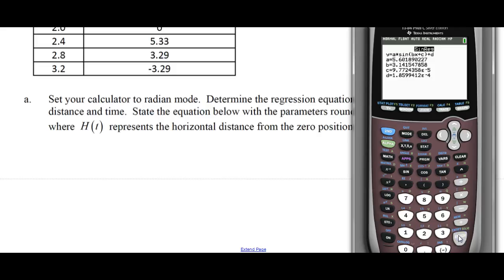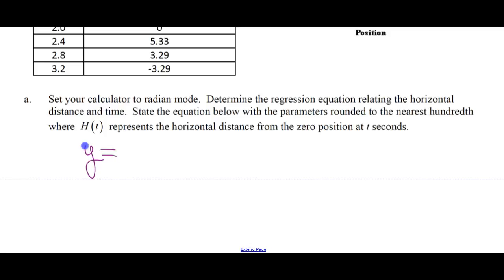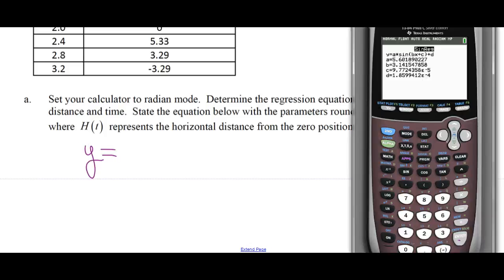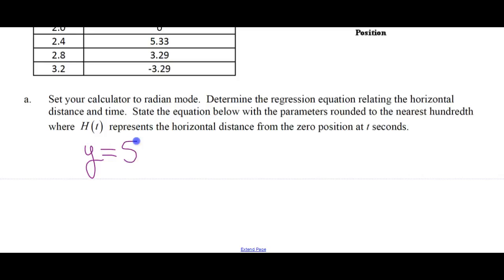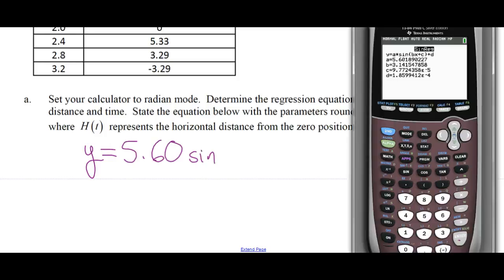Okay, so it said write your values to the 100th. So this is what you write. Y is equal to, I need my A value, 5.60, nearest 100th. Sine. Now, note the form it's given in. It's bracket bx plus c.